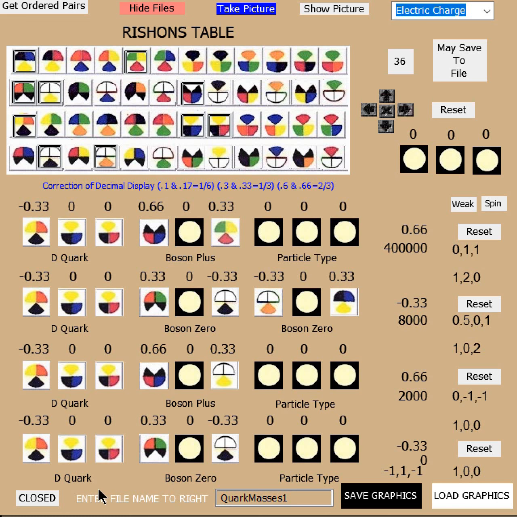And here we have another D quark, and in this case we have a boson 0 that is flavored, so this D quark will be a strange quark because of the flavored component. But it has a boson 0, and the total combinatorial value is 1, and since it's 1, the boson 0 will not affect the mass on the generic D, so for the strange quark, it will be 200 electron units.